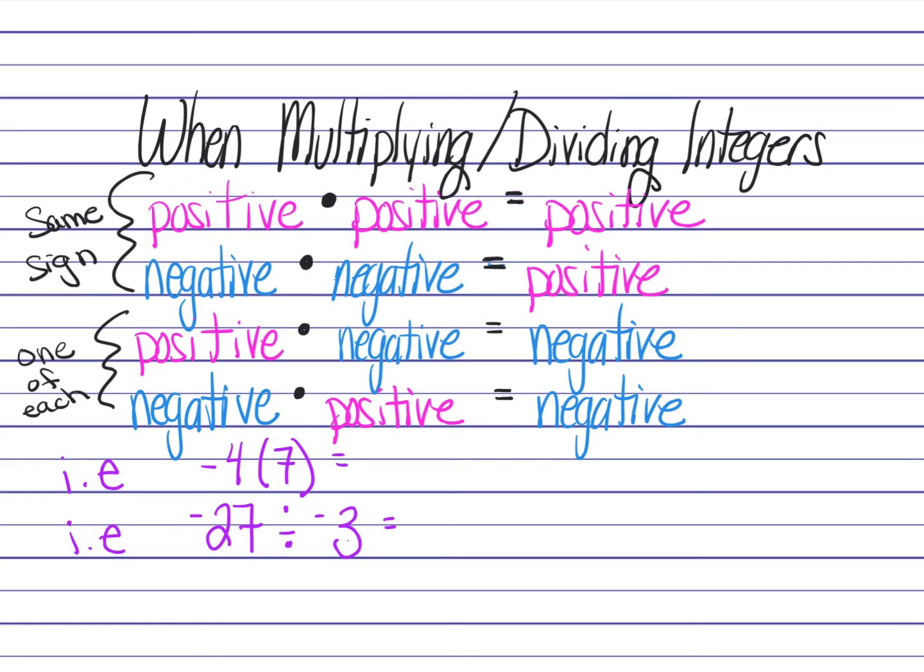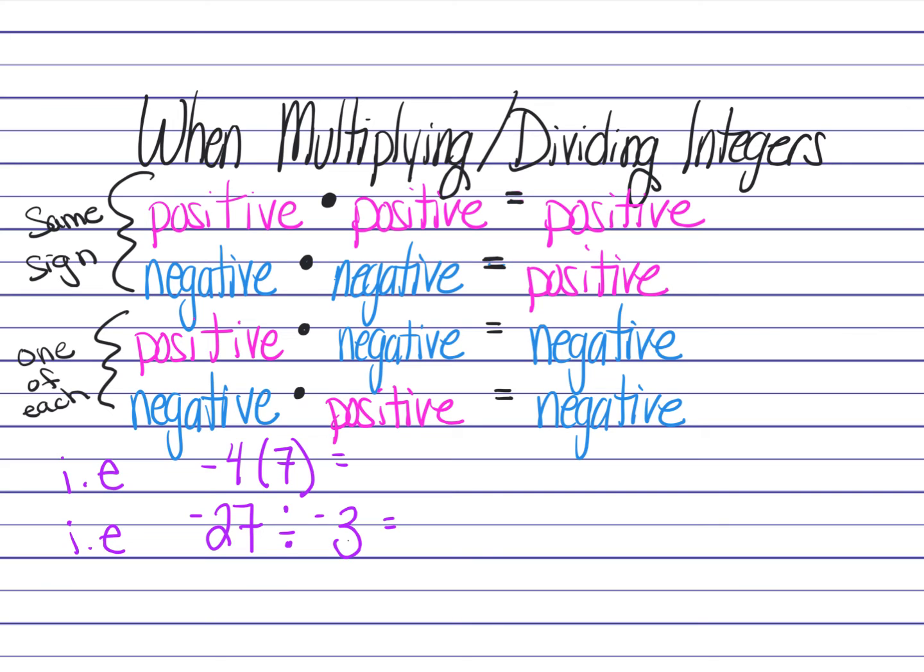This is true for division also. So if you're dividing two integers and they are the same sign, then it's going to be positive. But if you're dividing two integers and you have one of each, then your answer is going to be negative.